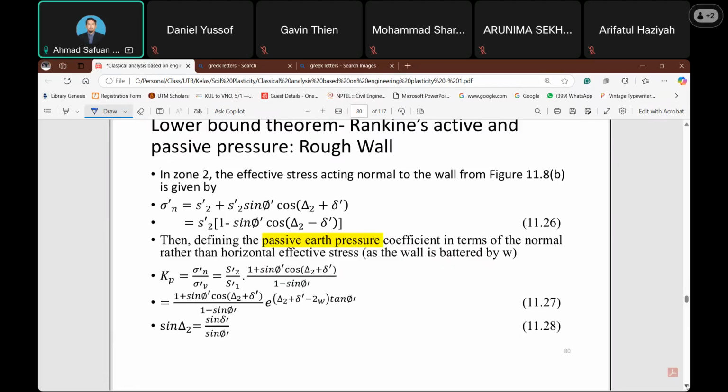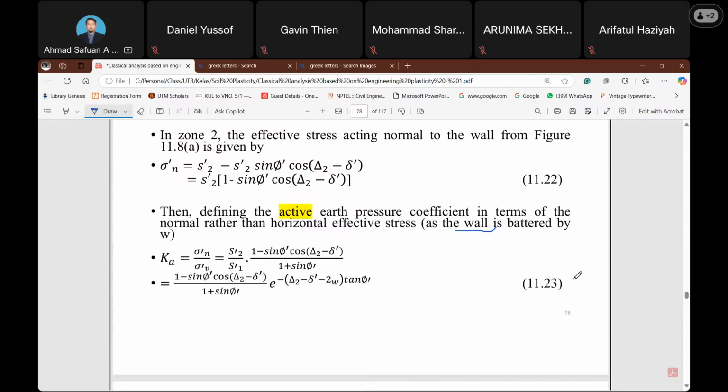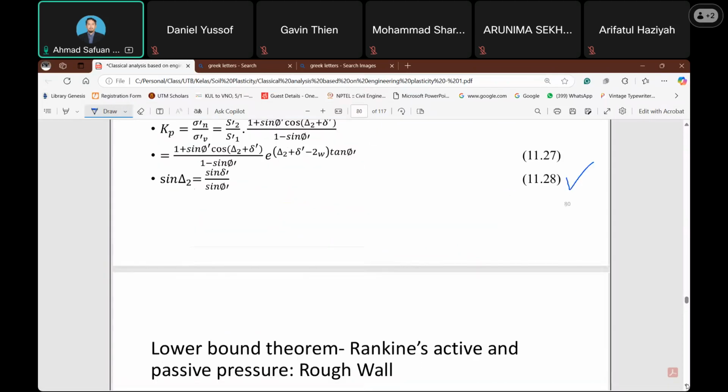Find the earth pressure coefficients from equation 11.23 for the active, while for the passive, 11.28 and 11.27.